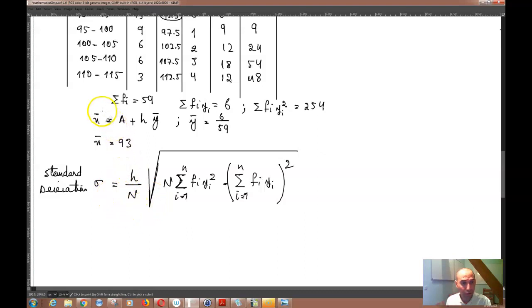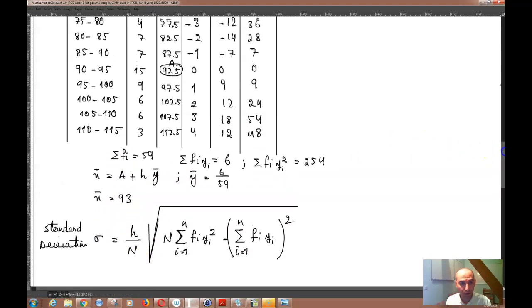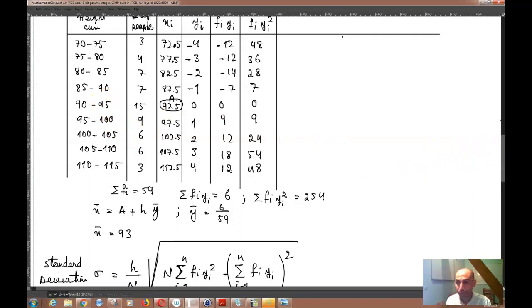So h is equal to what? h is equal to the class size, which is 5 here.